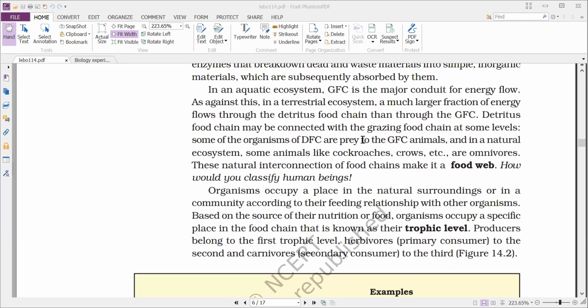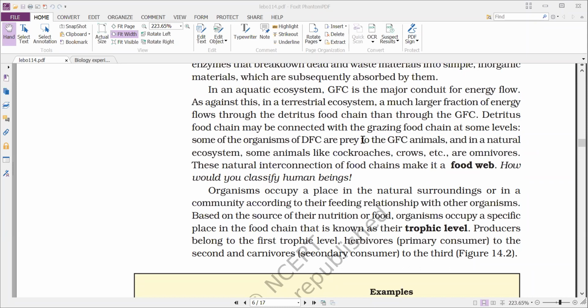When you compare the aquatic ecosystem with the terrestrial ecosystem, in the terrestrial ecosystem we'll find more energy flow through the decomposers, or through the detritus food chain. The detritus food chain may be connected with the grazing food chain at some levels.